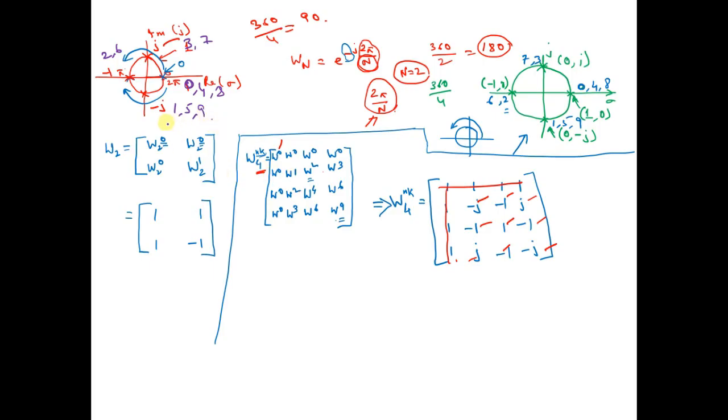W1, W5, W9 will have the same values. W0, W4, W8 will have equal values. W3, W7 will have the same values. W2, W6 will have the same values. You're getting my point? Here also, if you see, it has been written 1 5 9. In that way, you already got the values. Now you just have to put them over here.